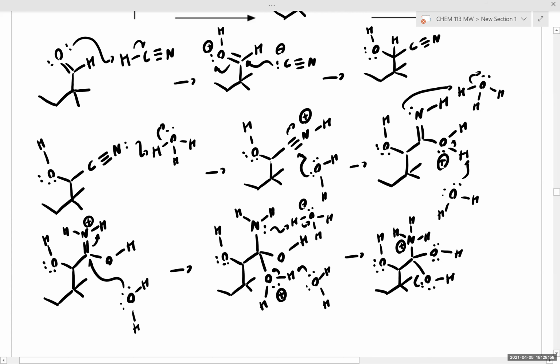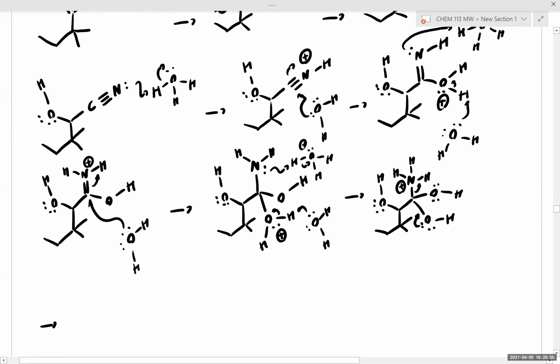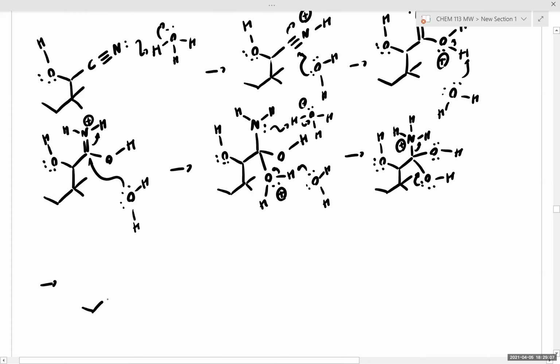Yep, we're gonna kick down a lone pair from one of our oxygens and we'll lose our leaving group. That in turn gives us a highly acidic protonated carboxylic acid.